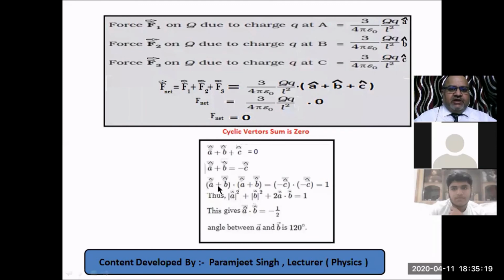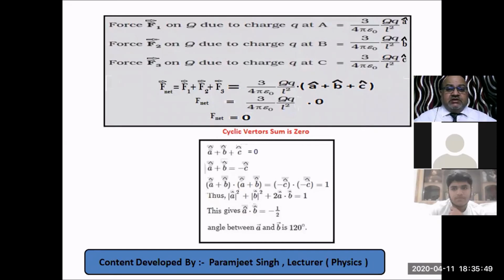Now I take the scalar product of A cap plus B cap with A cap plus B cap. On the right hand side, this product will be minus C cap dot minus C cap. Now the dot product of similar unit vectors is always 1. We have studied in class 11 that I cap dot I cap is 1, J cap dot J cap is 1, K cap dot K cap is 1, but I cap dot J cap is 0.